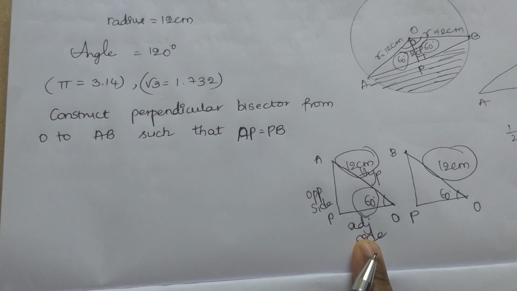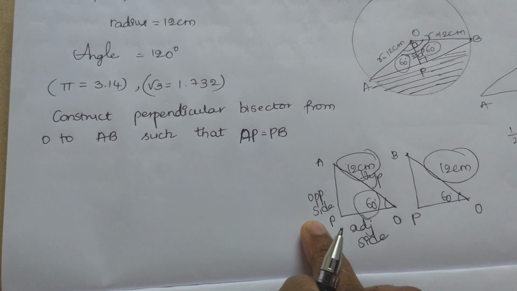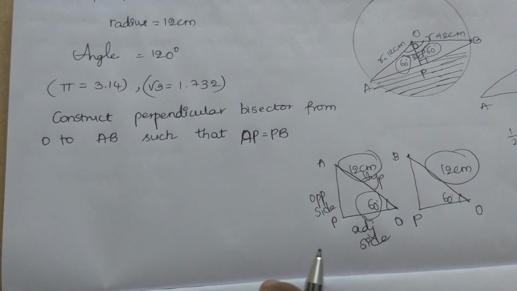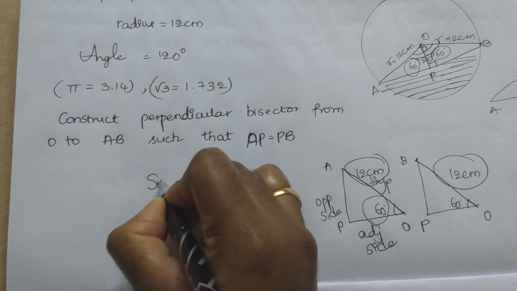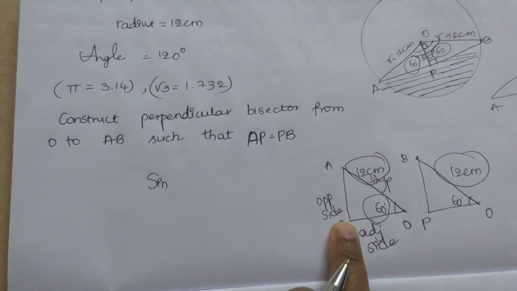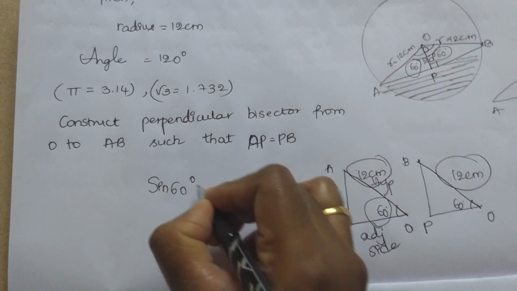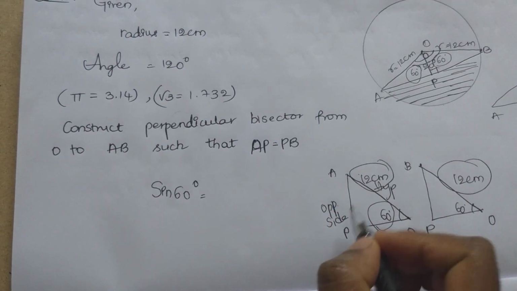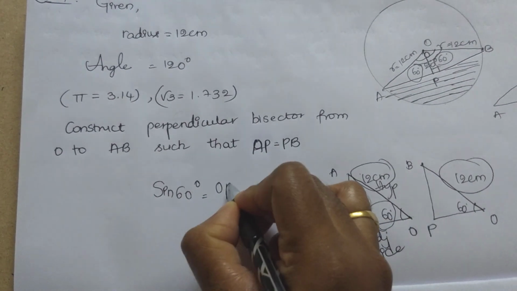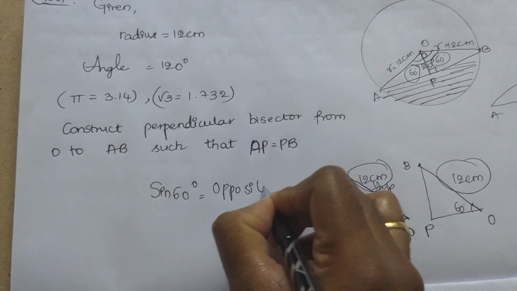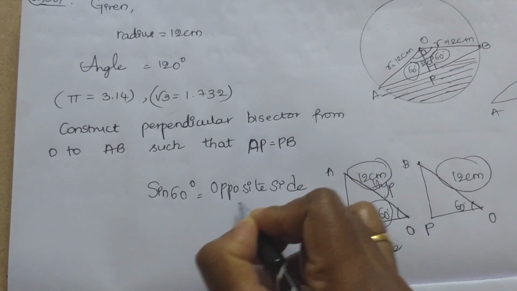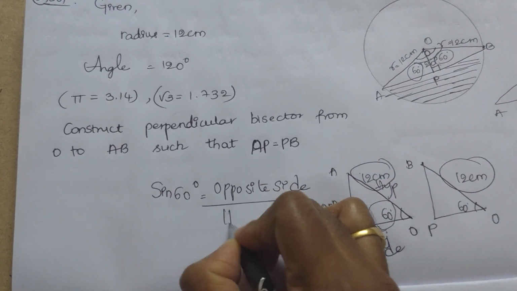To get the opposite side, can I use sine 60? Yes. I have to find the opposite side, that is the AP value, so I apply trigonometric functions. Sin 60 equals opposite side by hypotenuse.